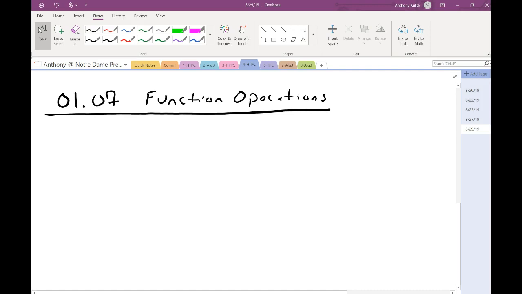So when we say function operations, there are four basic function operations, and these are the same four basic operations that there are for arithmetic. So we're talking about addition, subtraction, multiplication, division.